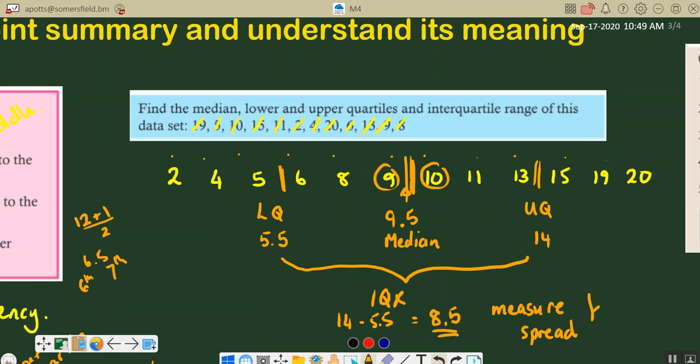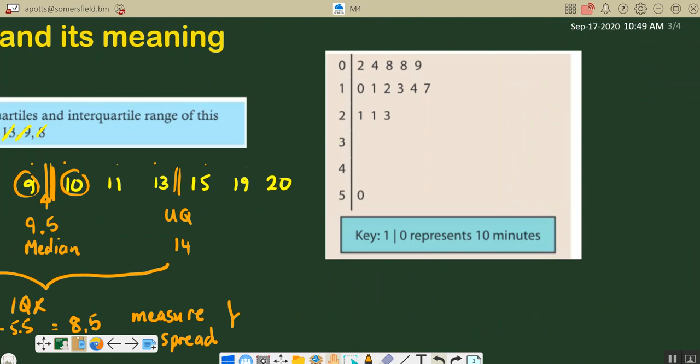So I can't say that 8.5 is a large spread, because it depends what numbers you're looking at, right? We've talked about that kind of thing before. So 8.5 is the interquartile range. All good? Ready to move on to the next one? I'm recording, so let's move on.